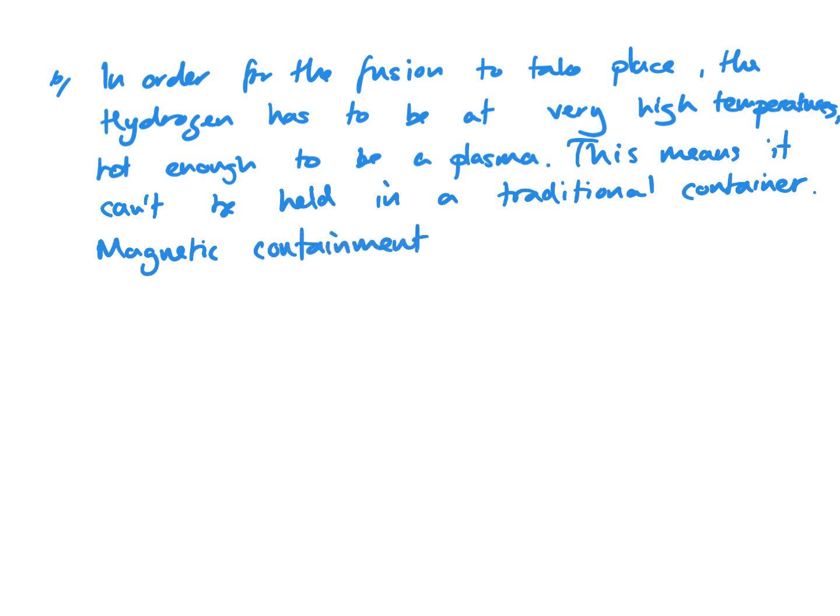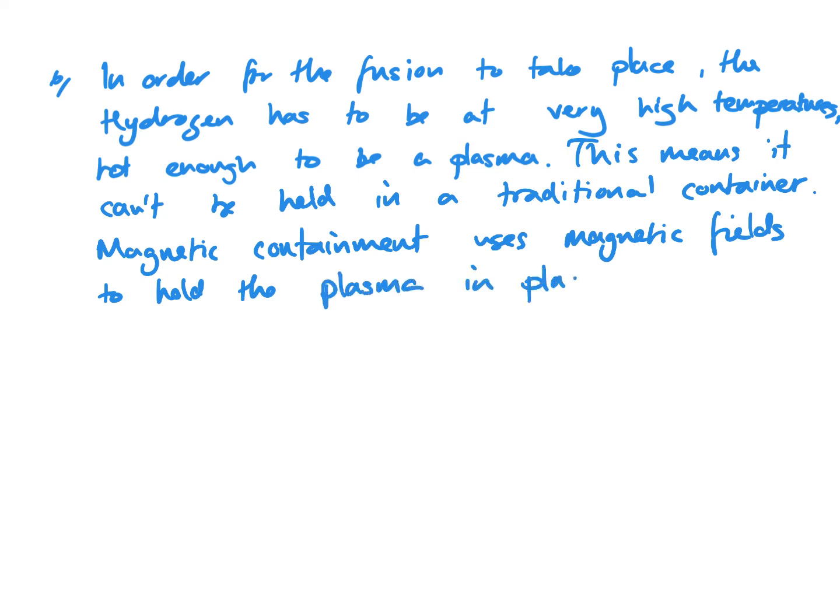So magnetic containment uses magnetic fields to hold the plasma in place, and as we saw in the previous chapter, that will result in the charged particles undergoing circular motion. So you contain all of this in a big donut shape basically, and the plasma goes around it. It's called a tokamak. You met it briefly in Nat 5 as well.